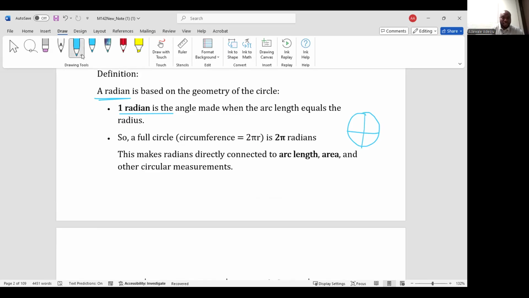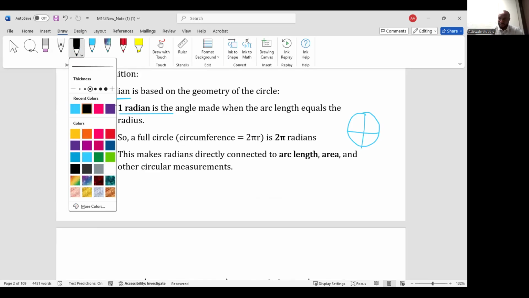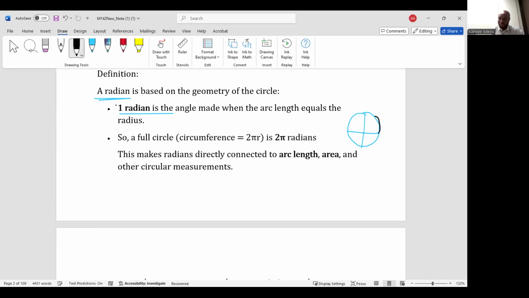So let us say that we have something like this, and we have the radius here. The idea is that, let's say this is our angle. Now, suppose this radius here, which is r, is the same thing as the arc length, which we call s. If they are the same in length, the length of the radius is the same as the length of the arc, then we claim that the angle here is 1 radian.